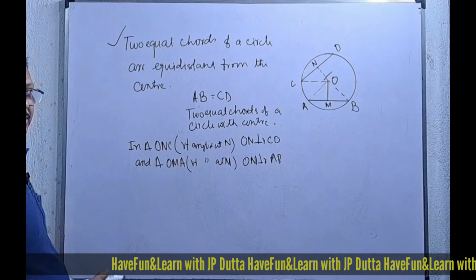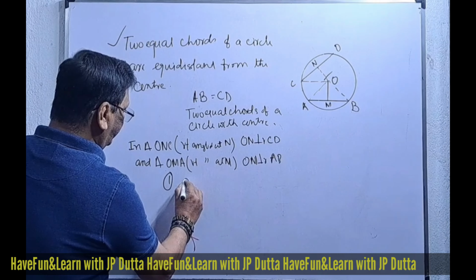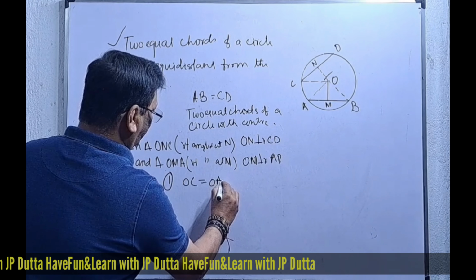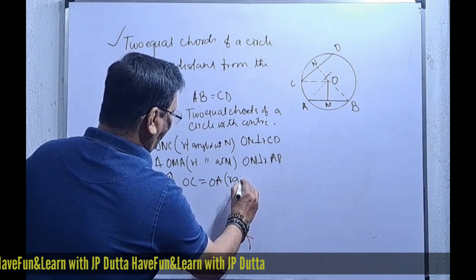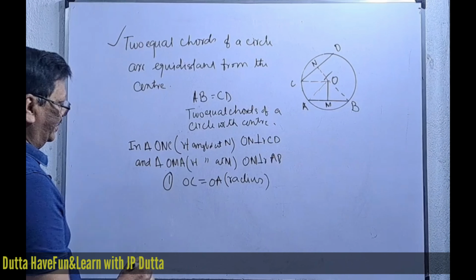In these two triangles, number one, OC is equal to OA, radius, as well as the hypotenuse.